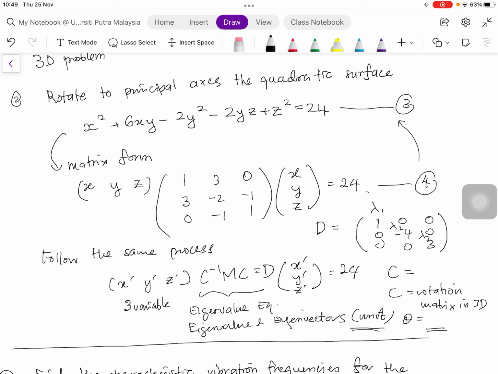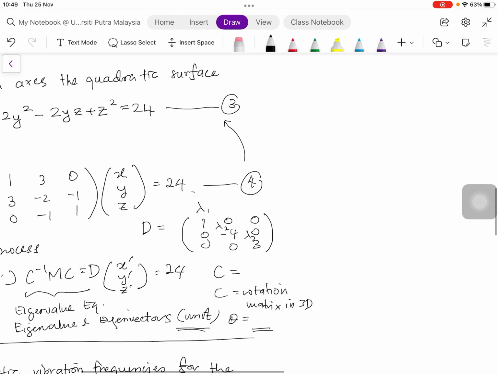Let me remind you again, in 3D one of the rotation matrices would be, you can have the rotation matrix in 3D given by cos theta, 0, and so on.